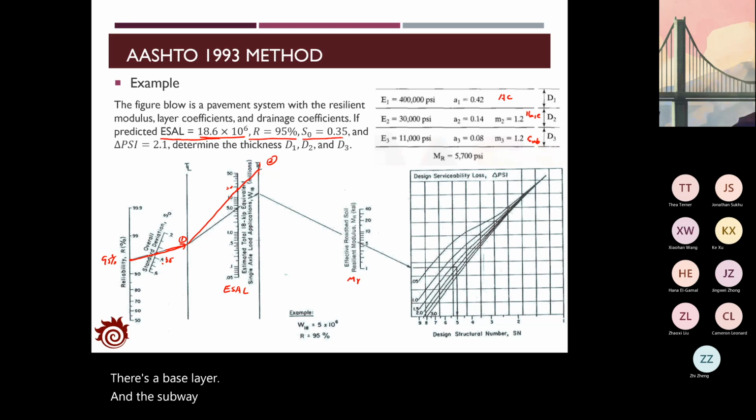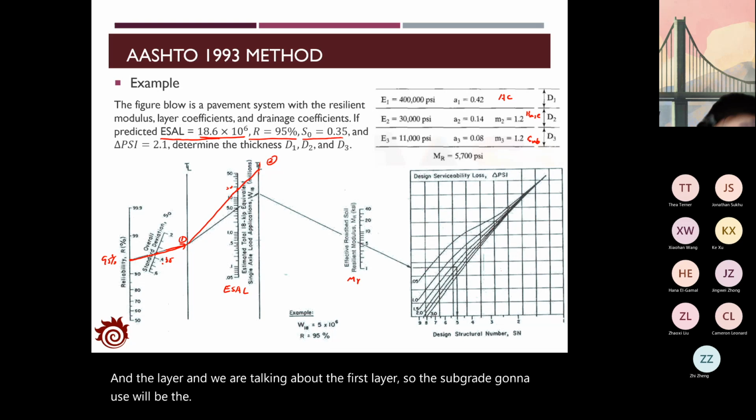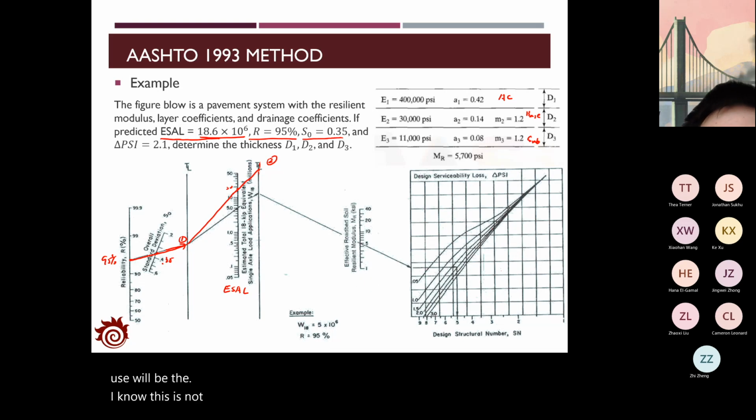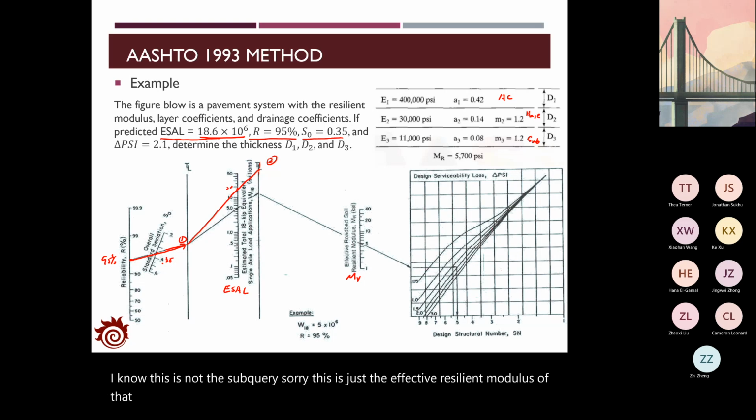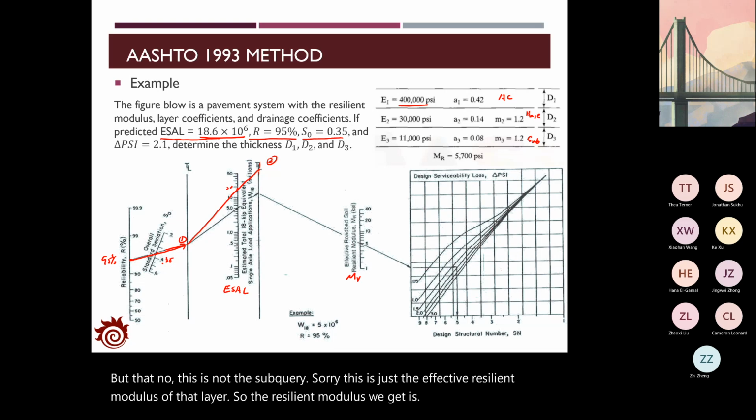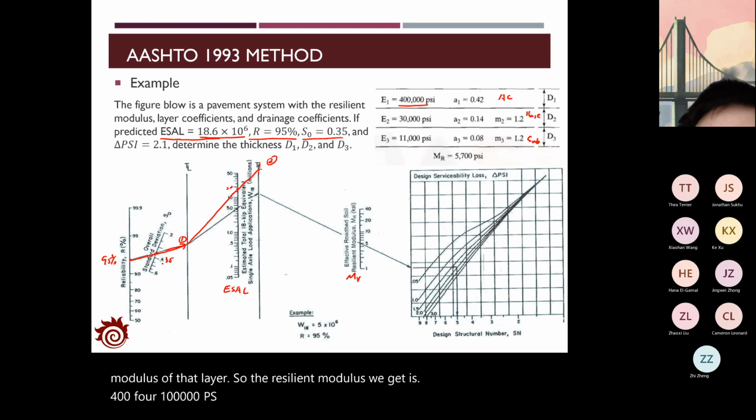And as we are talking about the first layer, so the subgrade we're going to use will be the, no, this is not the subgrade layer. Sorry, this is just the effective resilient modulus of that layer. So the resilient modulus we get is 400,000 psi. So this would be the point here, 400,000.